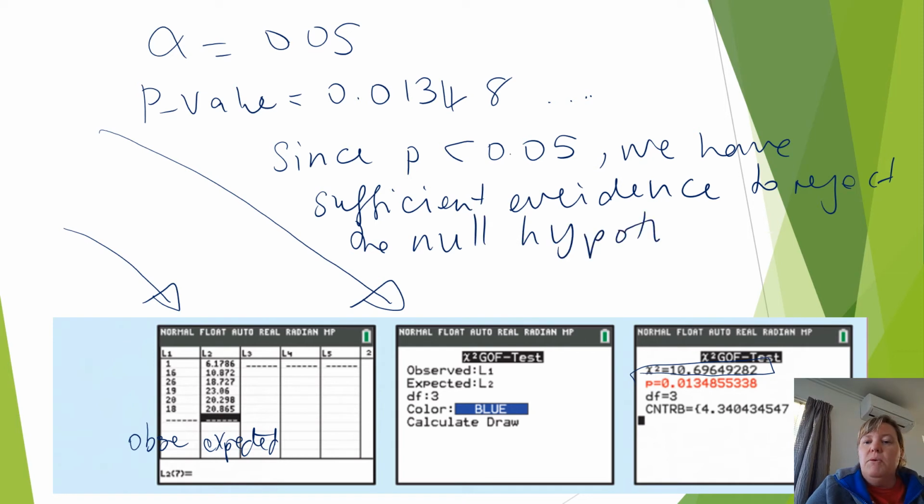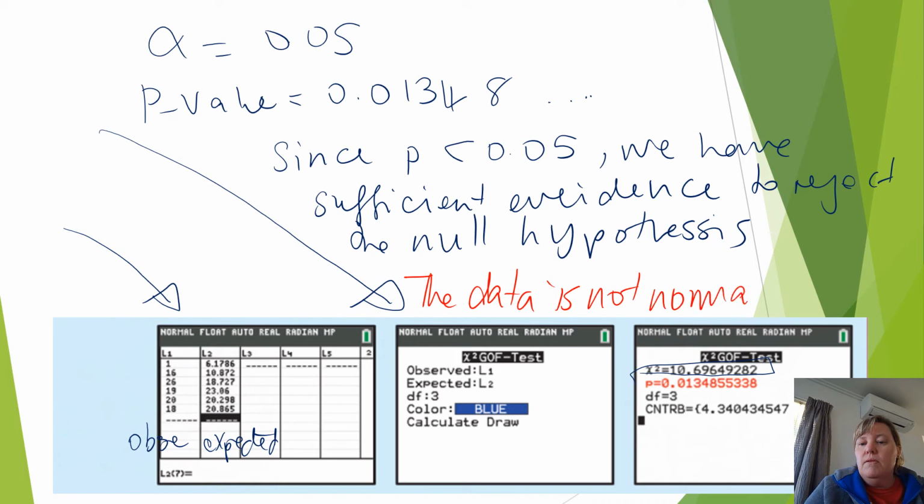Now, in English, remember that's the last thing you have to do. What does that mean? The data is not normally distributed. Okay. If you accepted the null hypothesis, then you would say the data is normally distributed. Okay, so the only thing different is the expected value.